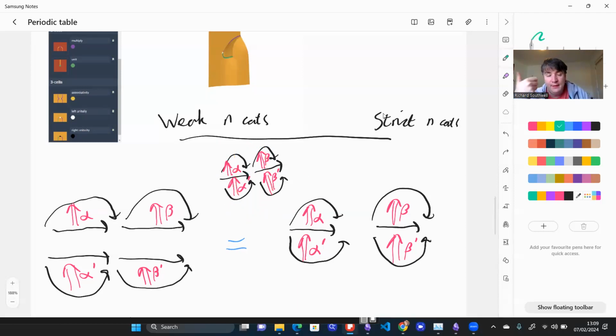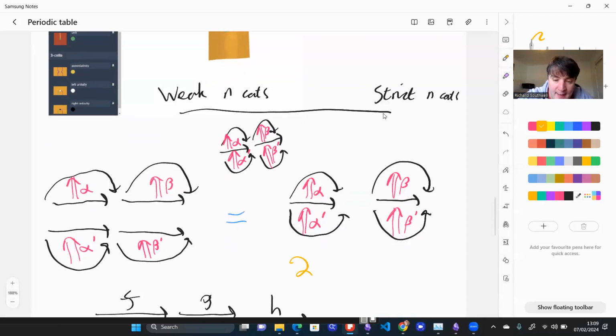But anyway, this is our interchange law. And so I've given you a sort of outline of the idea of a strict 2 category.